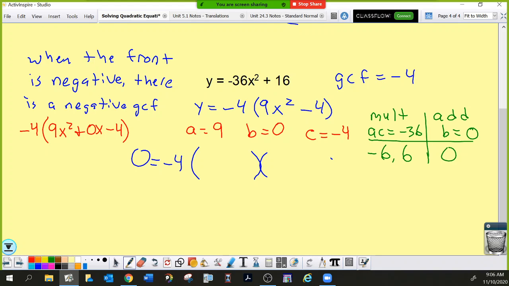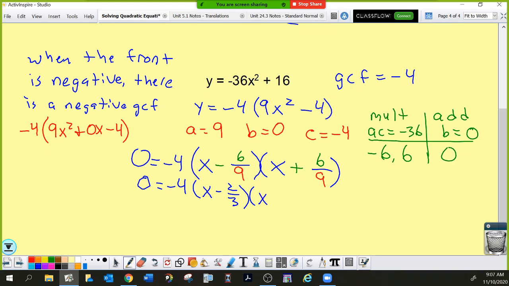Cool. Got my parentheses, x's and fraction bars. The two numbers are -6 and +6. The a value we're dividing by is 9. Both of these fractions reduce to 2/3. So x minus 2/3 times x plus 2/3.